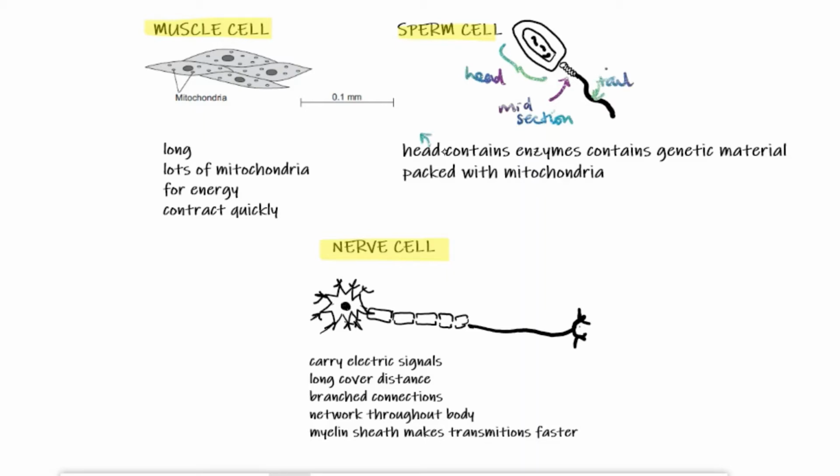It has a streamlined head which contains enzymes which help it penetrate through the cell membrane of the egg. The sperm cell also contains genetic material, as the function of the sperm cell is to get the male DNA to the female DNA.